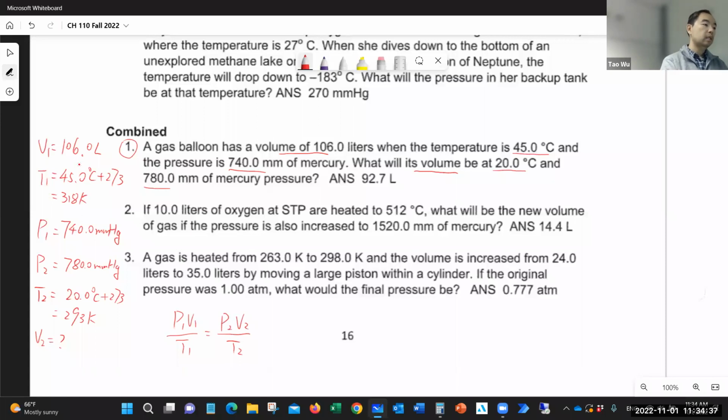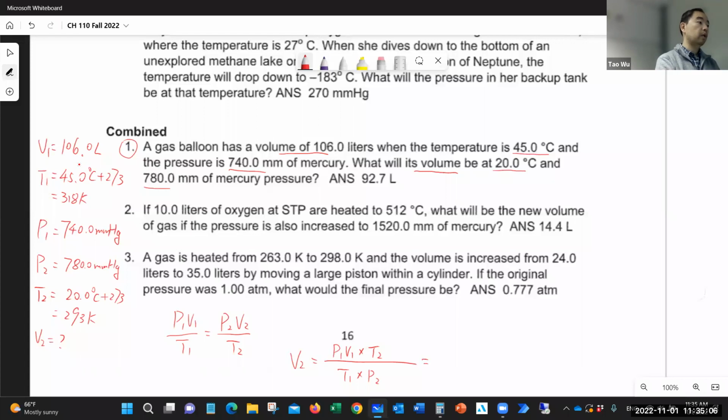This one is a little bit complicated. The question is asking for V2, so V2 should be equal to P1 V1 times T2, divided by T1 times P2. Okay, so this is the equation.